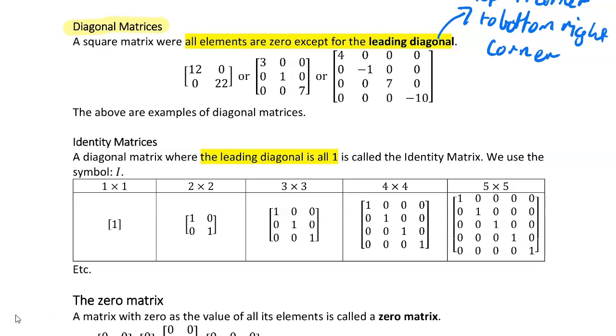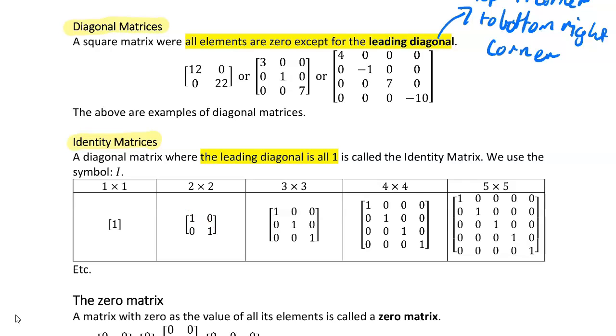Now, with an identity matrix, it gets very important because here we're talking about 0 and 1. A diagonal matrix where that leading diagonal is all 1 is called an identity matrix. It has a special symbol, I, that capital I. It has to be a capital, yes.